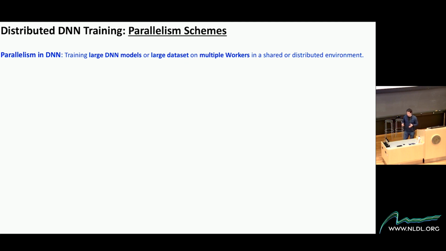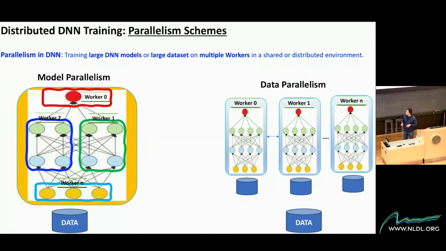When we talk about a distributed environment, we mean taking benefit of multiple nodes instead of doing the parallelism only on a single node. So that's basically the concept of parallelism here. And we distinguish here between two modes: the model parallelism on the right-hand side, and then the data parallelism.